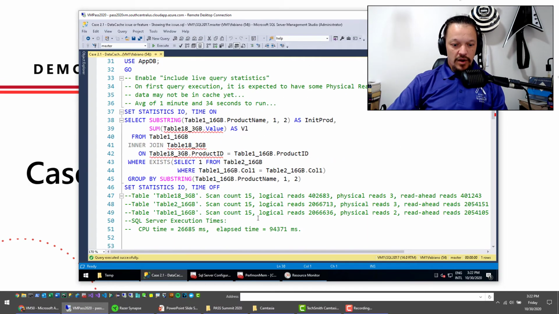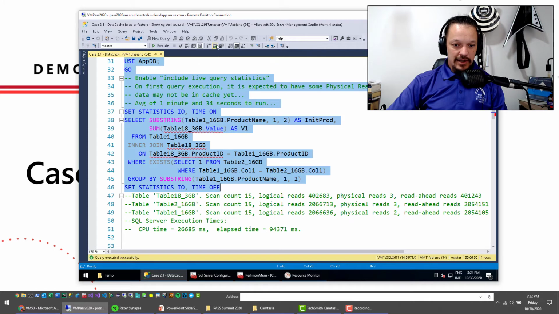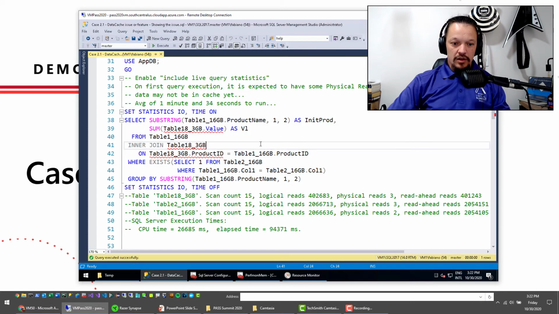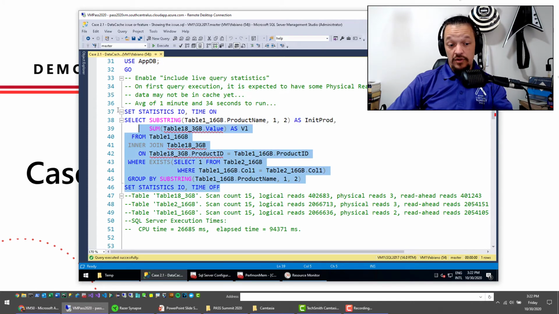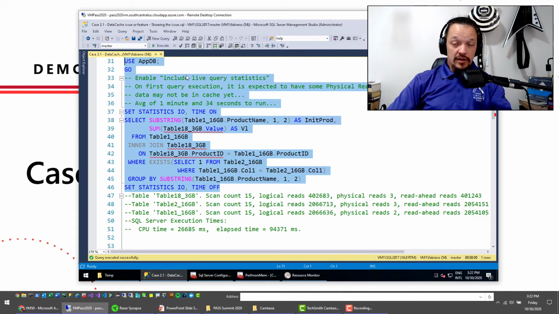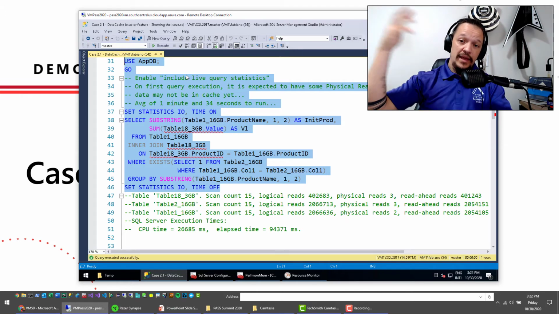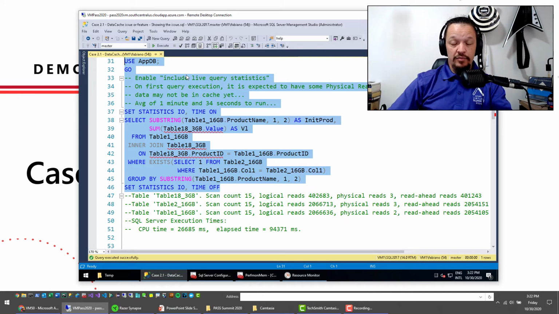But if I run this query, and let me enable the live query, if it is the first time I'm running the query, it might do some physical reads and then put the data into the memory buffer pool data cache. But if I run it again, I should expect it to read the data from memory, right?